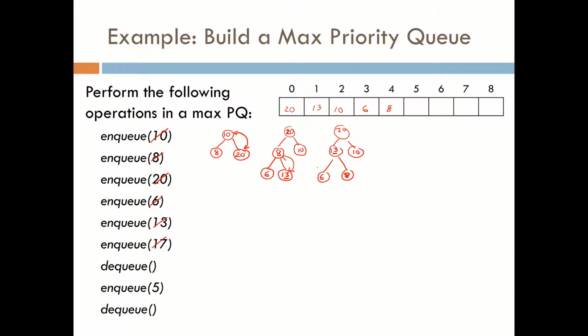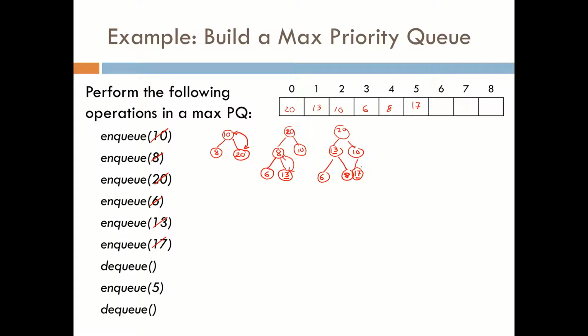Let's enqueue 17, and that goes in this position, and graphically that looks like this. Okay, and we have to heap up 17. So whenever we add something, again, we try to heap it up. 17 is in fact greater than or equal to 10.